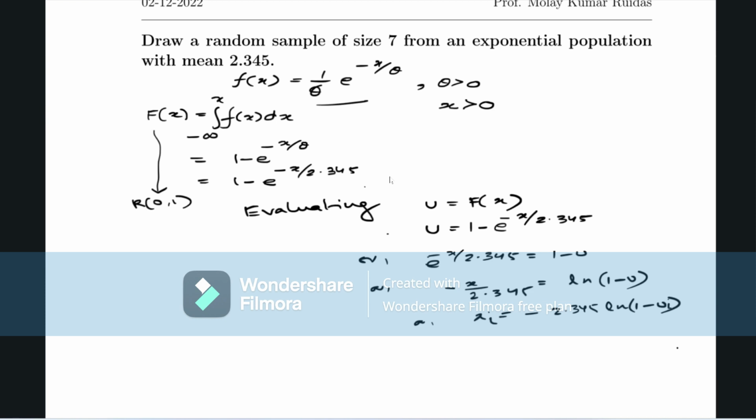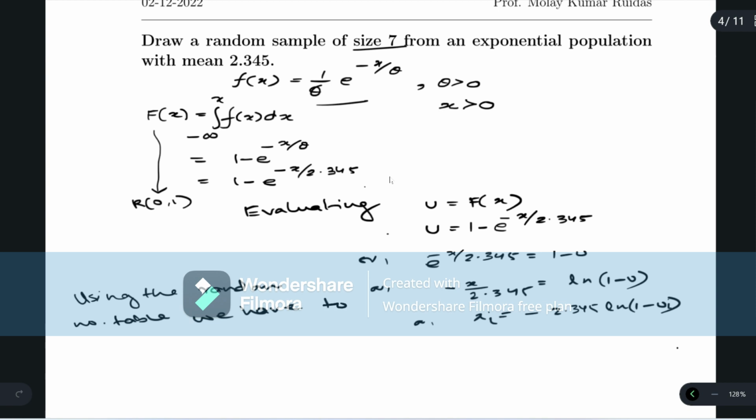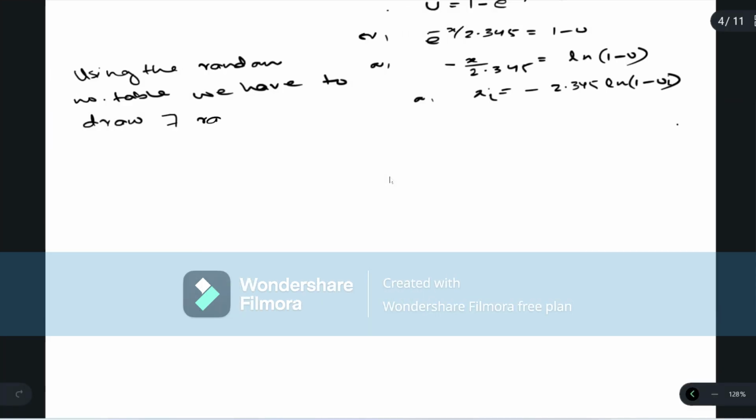Now for a random sample of size 7 we have to draw random numbers from the random number table. Using the random number table we have to draw 7 random numbers.